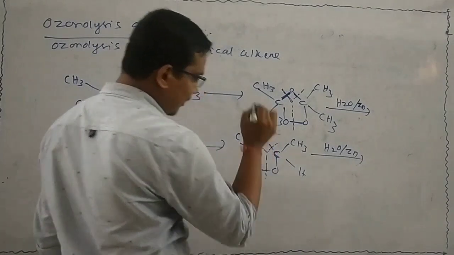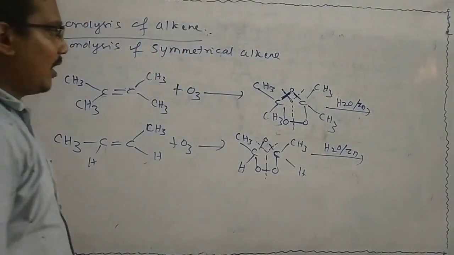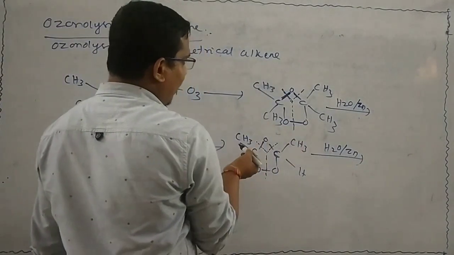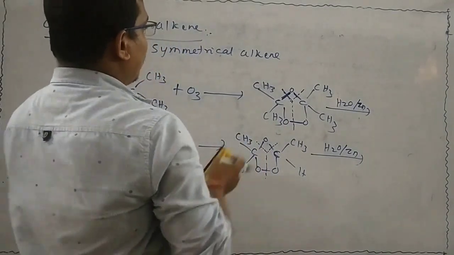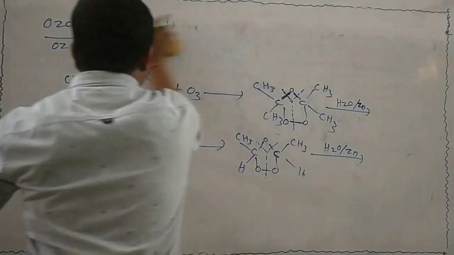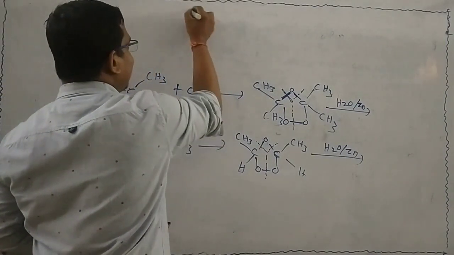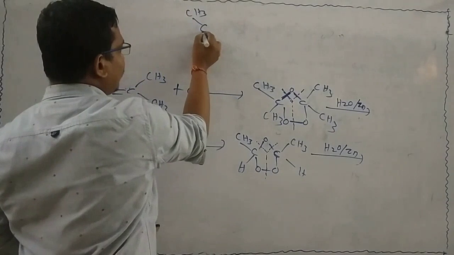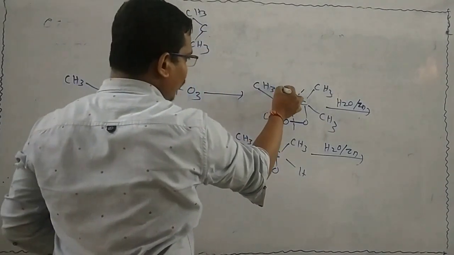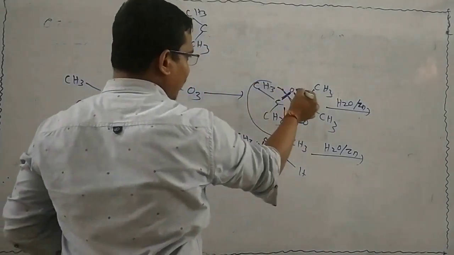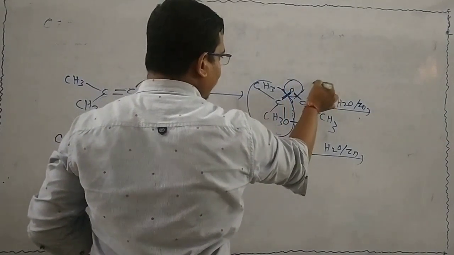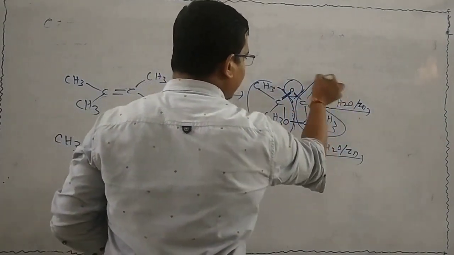You can break like this. After breaking this, I got the parts like this. CH3, this is one part, this is the second part, this is the third.